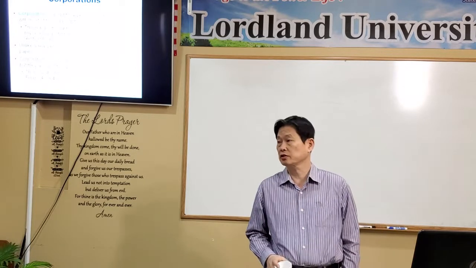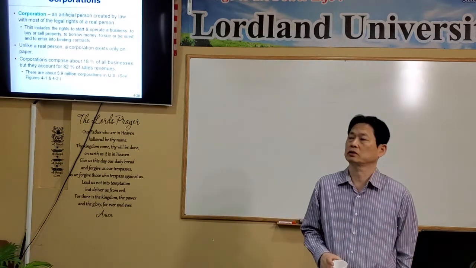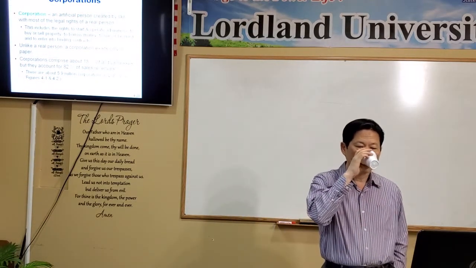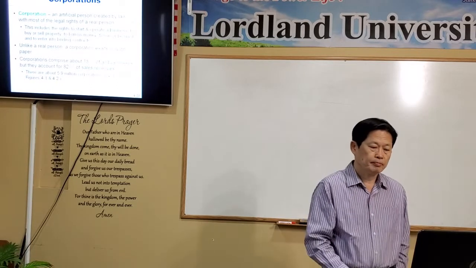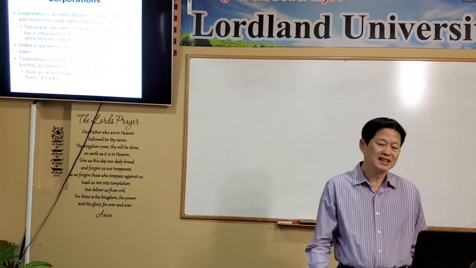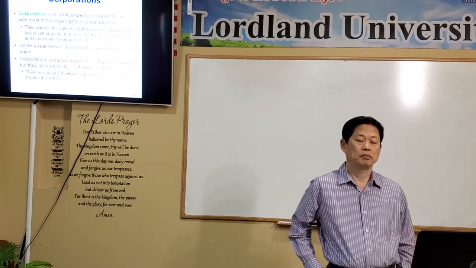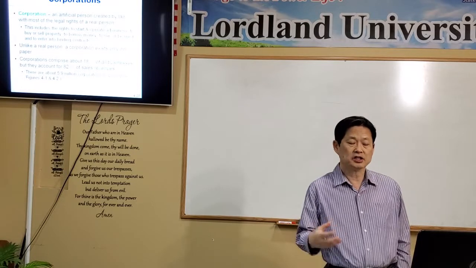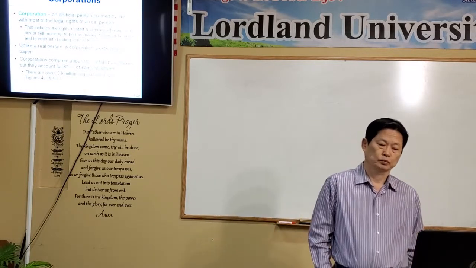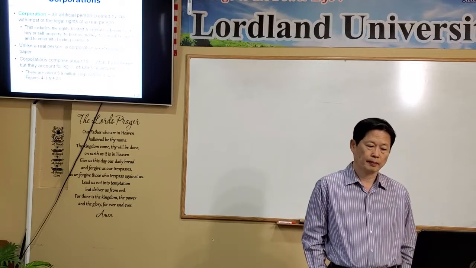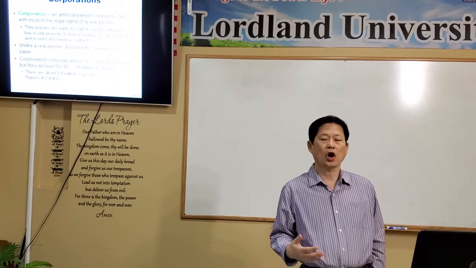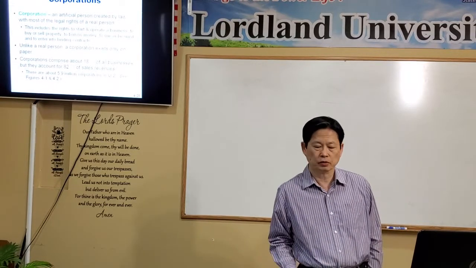An artificial person or legal person is called a corporation. A corporation is an artificial person created by state law, with most of the legal rights of real natural persons.